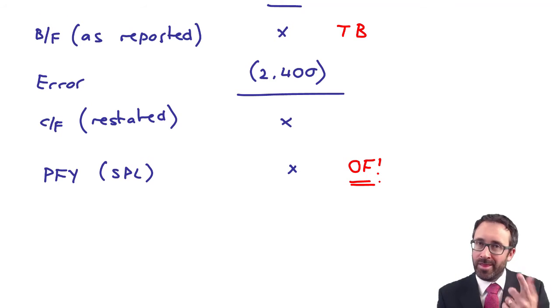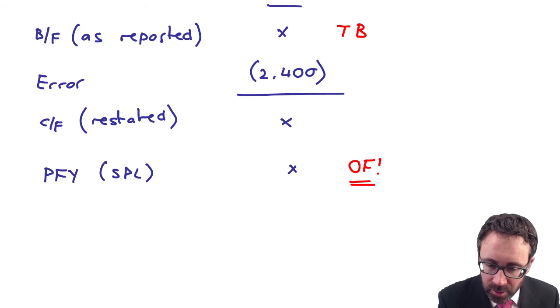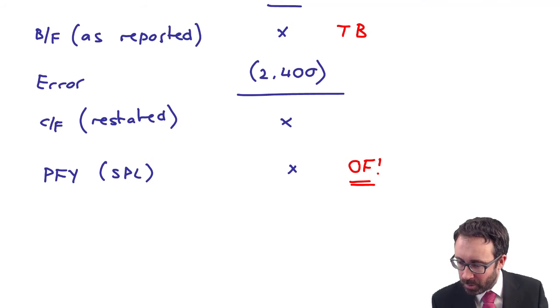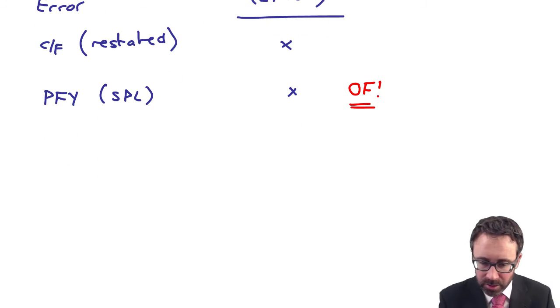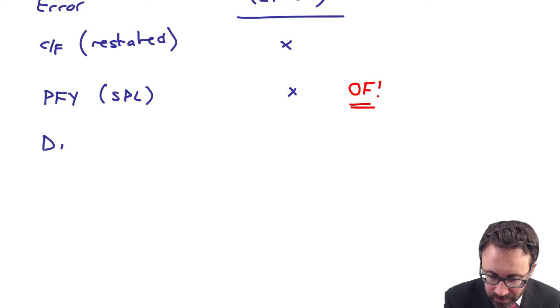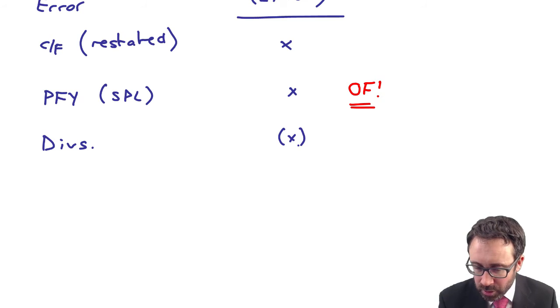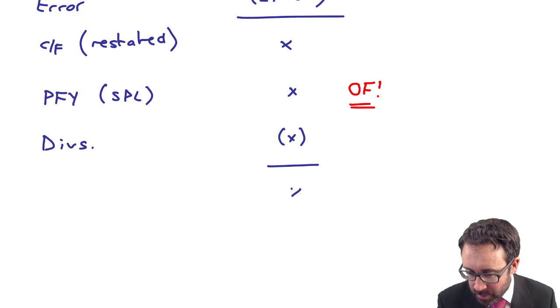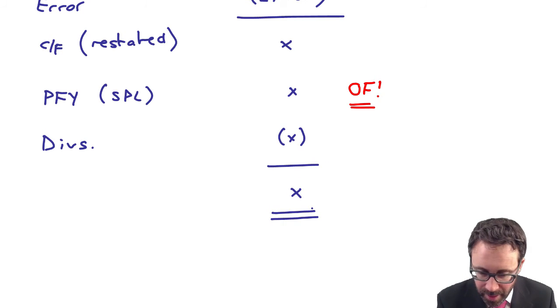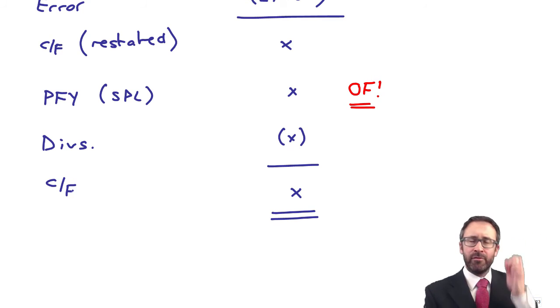If you don't do that, that's your own fault and you're going to lose marks within the exam. You don't want to be losing straightforward marks. Don't forget that you've got your dividends, which is a reduction to your retained earnings. And then that will go through there and give you your carry forward.